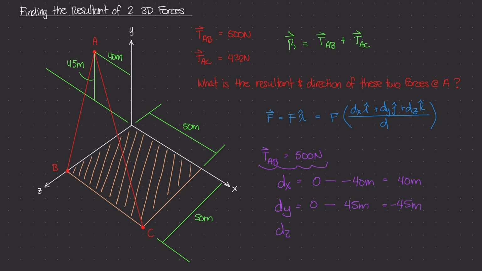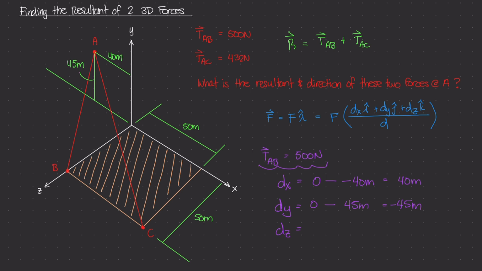Okay, so for dz, we can do the same thing: the z-coordinate for point B minus the z-coordinate for point A. For point B, the z-coordinate is going to be 50 meters, because point B is located 50 meters along the z-axis from the origin right here.